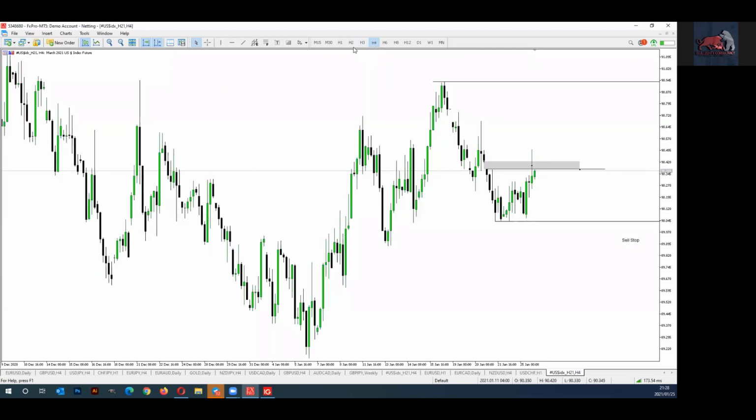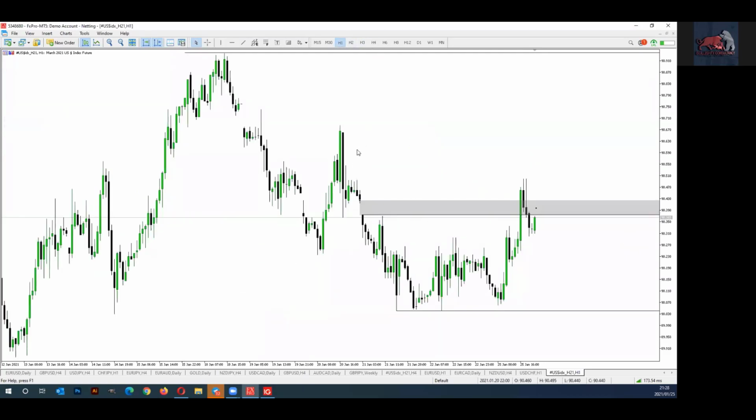There's what we call the dealer's range, and it happens during the New York session. It's a process whereby you measure the number of pips the market has moved during the NY session. Then you divide that by 2, you get your 50% mean threshold. That will be where your entry will be in regards to the bias that you've got.